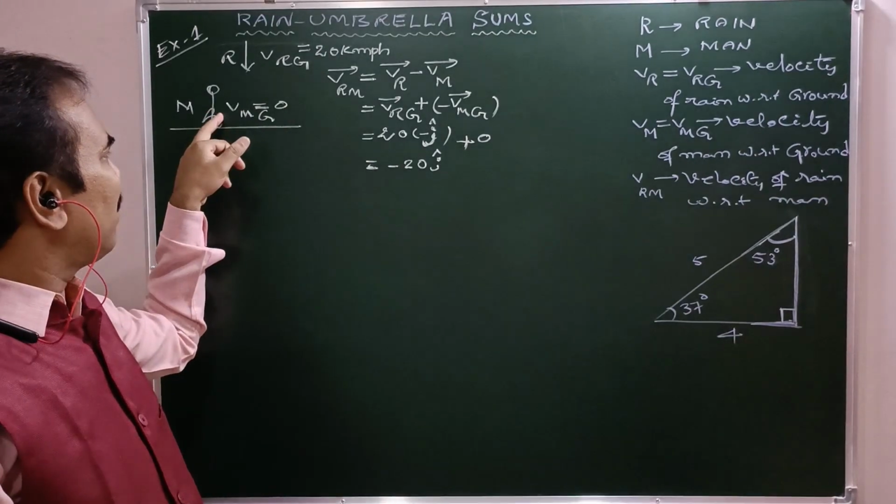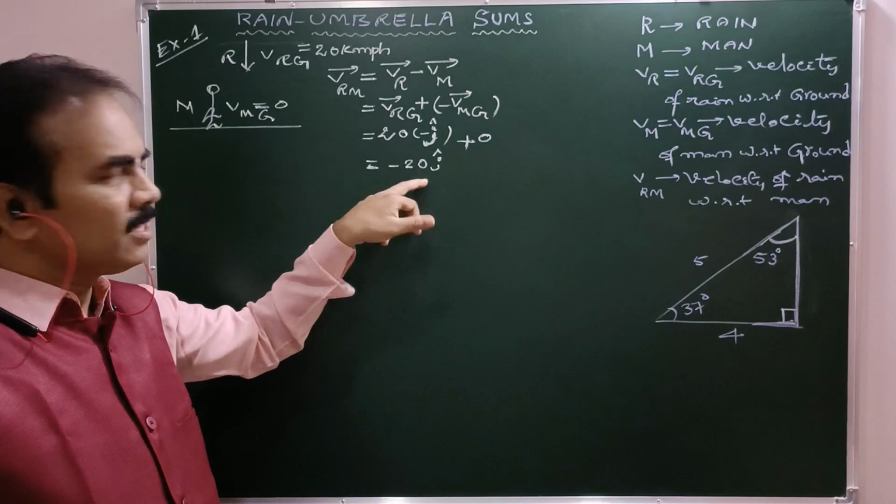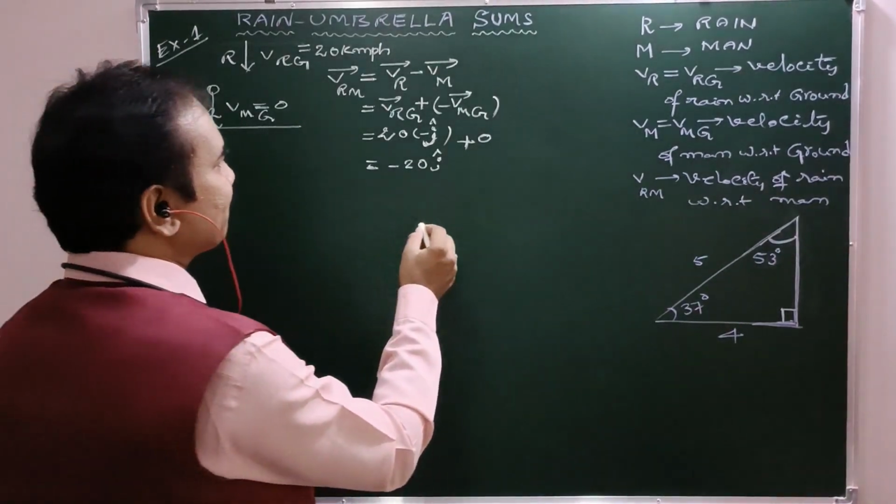He must hold his umbrella along the same line as Vrm, but opposite to this vector.